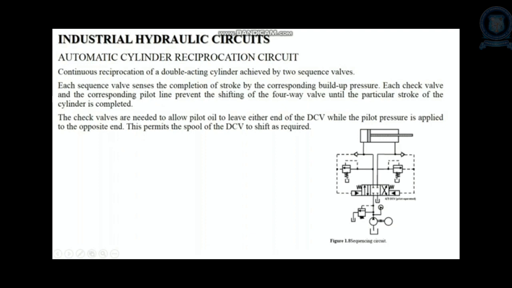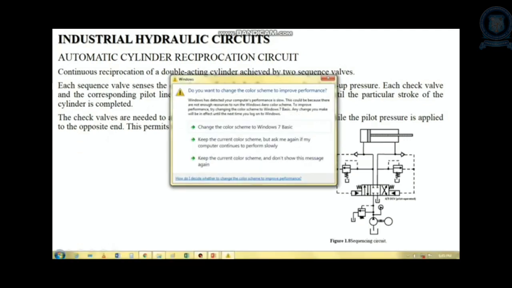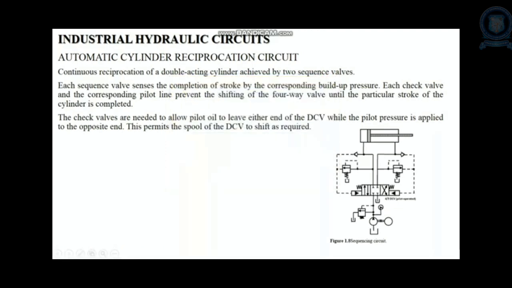In the first position, fluid enters from the pump to the blank end of the cylinder, so extension takes place. At the end of extension, the pressure increases, so the secondary port of the sequence valve will open. That fluid enters the DCV as pilot pressure, so the second position will be activated by the pilot pressure.